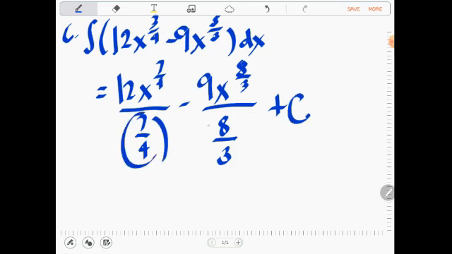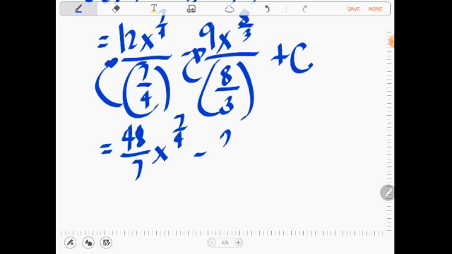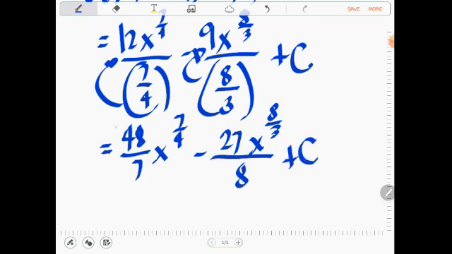Okay, so proceed tayo dito. Ito ay i-reciprocal natin dito. Okay? And yung numerator ay pwede natin siyang i-multiply dun sa ating whole number. Okay? So this should be equals to 48 over 7 x raised to 7 over 4 minus 27x raised to 8 over 3 all over 8 plus the arbitrary constant c.